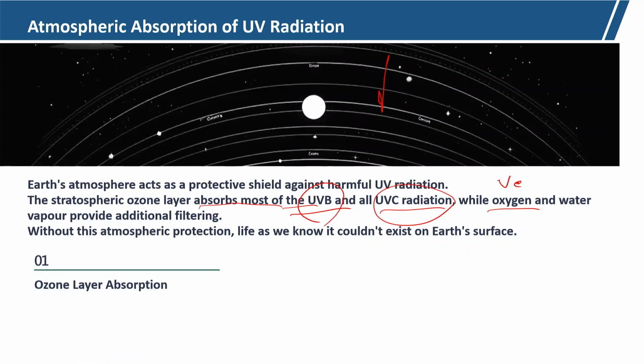So, ozone layer absorption, let us see. It blocks 97 to 99% of UVB and all UVC radiation. Typically we assume 95%, but it absorbs 97 to 99% of UVB.